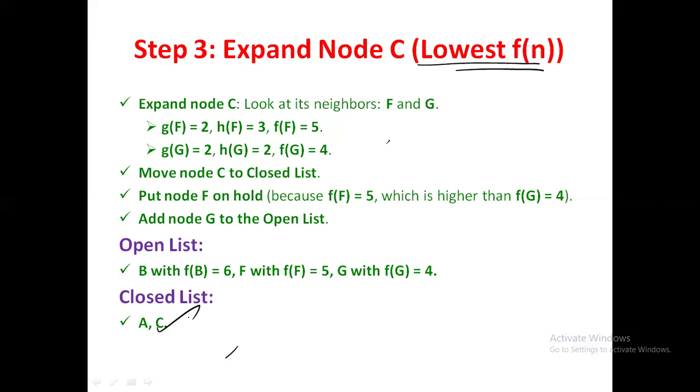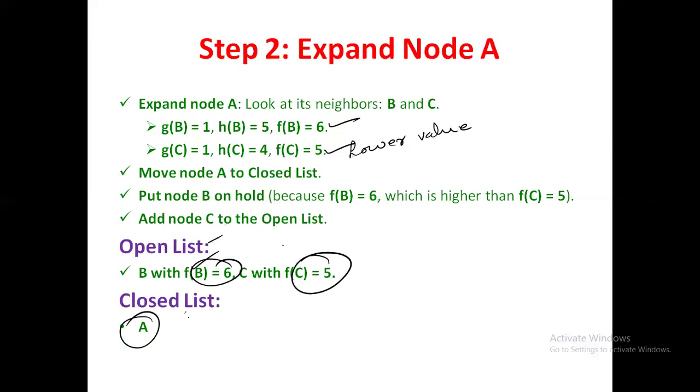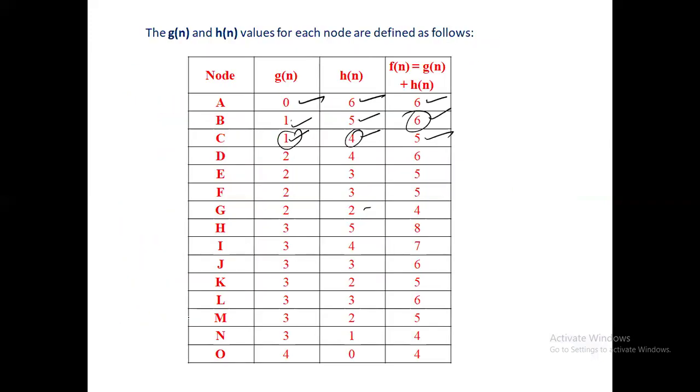It reveals two neighboring nodes, F and G. The cost to reach F is calculated as G of F is 2, with a heuristic estimate H of F equal to 3. So 2 plus 3 is equal to 5, resulting in F of F equal to 5.